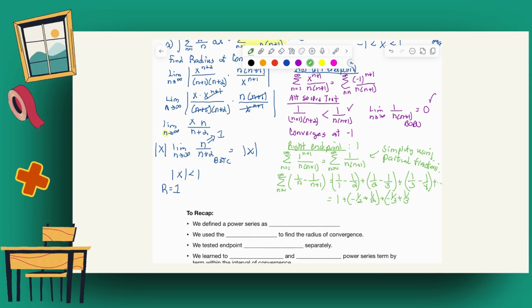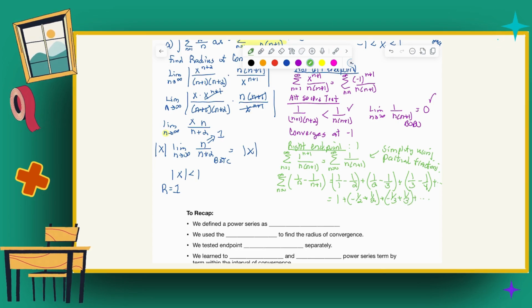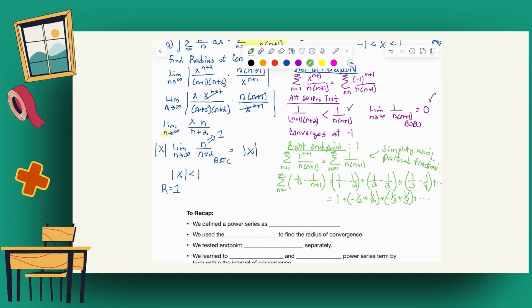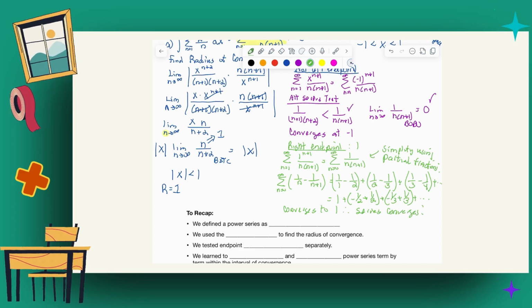Notice all terms after that also cancel out. So I can say that this converges to 1. So therefore, I know my interval of convergence for our original problem is bracket negative 1 comma 1 bracket. So we're including our two endpoints.